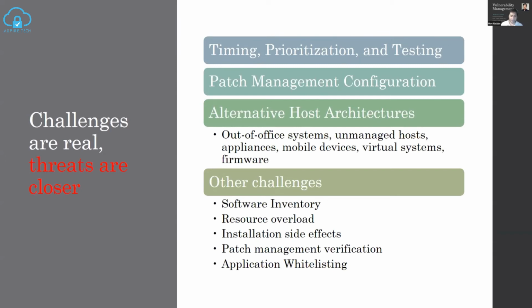Other than those whitelisted applications, anything foreign or new will be denied execution. That is a pretty good security control, but it requires a lot of testing, validation, and understanding of the management aspect of it.